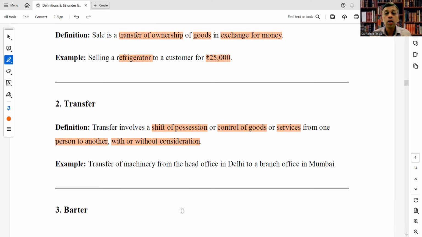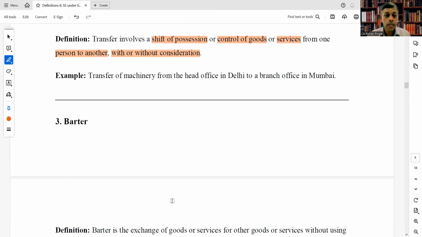An example: transfer of machinery from the head office in Delhi to a branch office in Mumbai. It is a shift of possession of the goods. The actual physical movement of the goods is involved here. Transfer of machinery from the head office in Delhi to a branch office in Mumbai is a transfer.